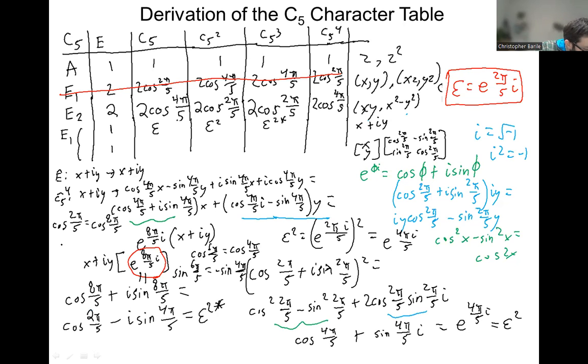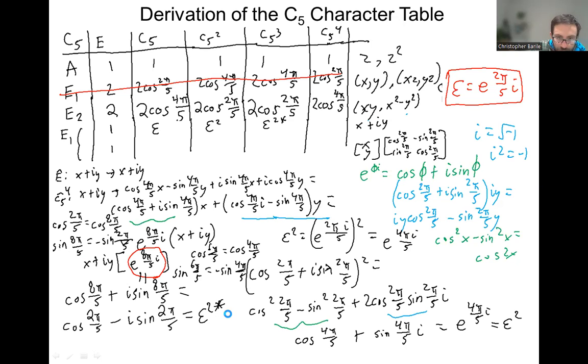And we also have another trick up our sleeve, which is that sine 8 pi over 5 is actually equal to negative sine 2 pi over 5. So sine 8 pi over 5 becomes negative sine 2 pi over 5.